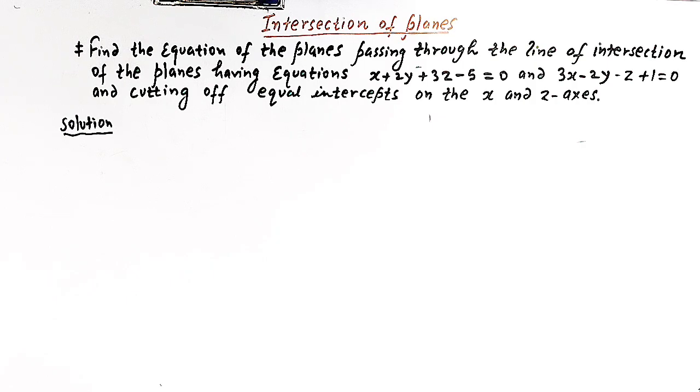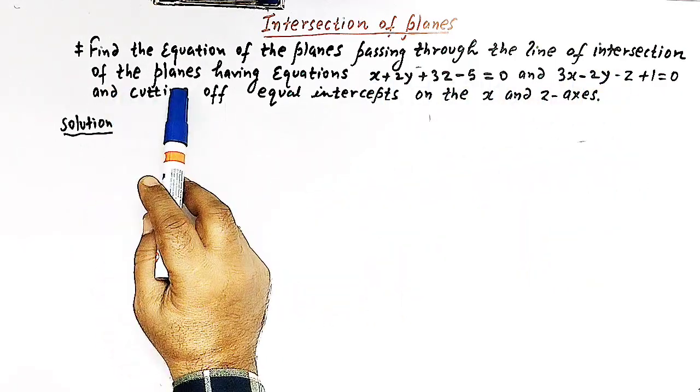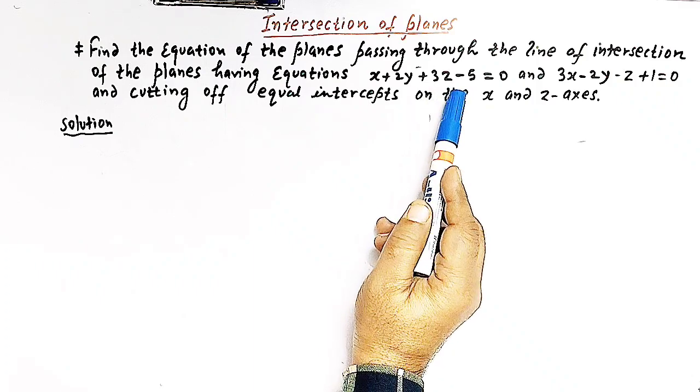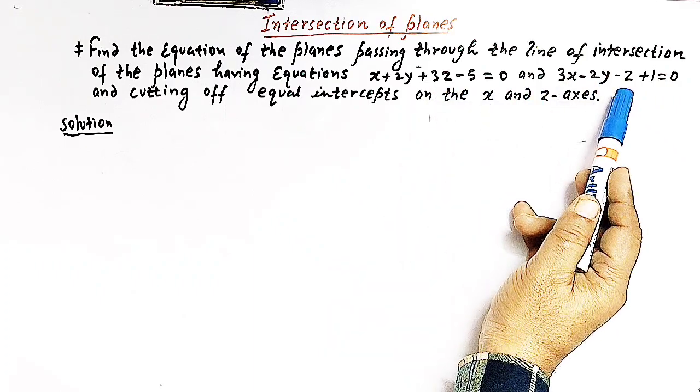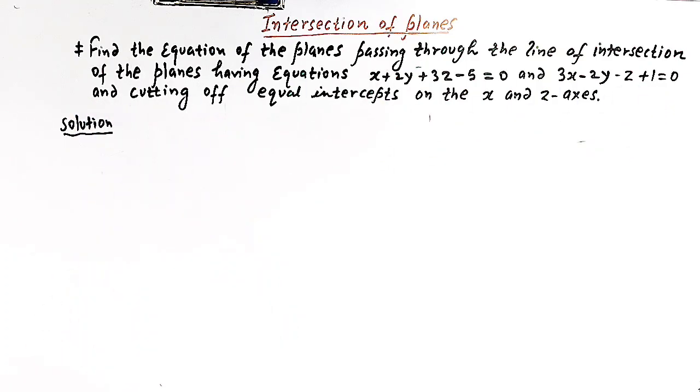So here we have to find the equation of the planes passing through the line of intersection of the planes, having equations x plus 2y plus 3z minus 5 is equal to 0, and 3x minus 2y minus z plus 1 is equal to 0, and cutting off equal intercepts on the x and z axis, right?